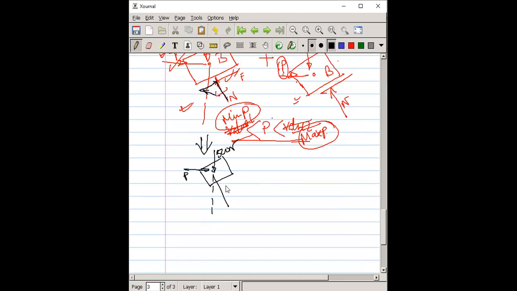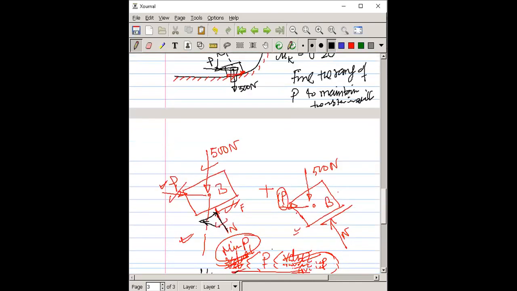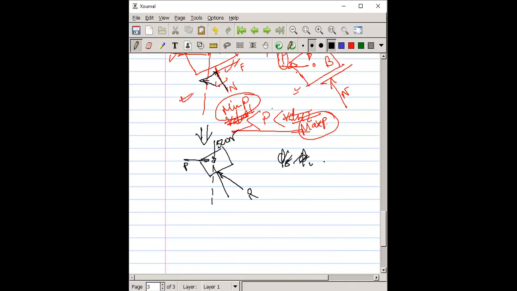Okay. So your resultant is, and another thing is there, you have already been given mu s and mu k. Why have I written phi? Mu, it is given, mu s and mu k. Okay, you have already been given mu s and mu k.